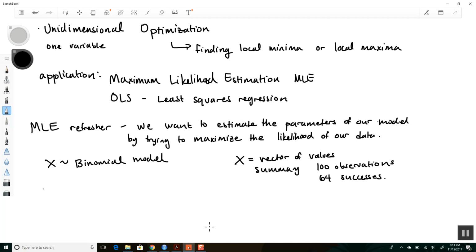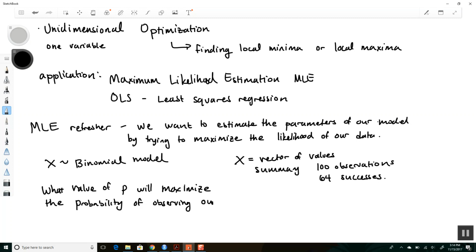Now maybe we already know the answer, but what value of P maximizes the probability of observing our data? Okay, so I'll flip to the next slide.